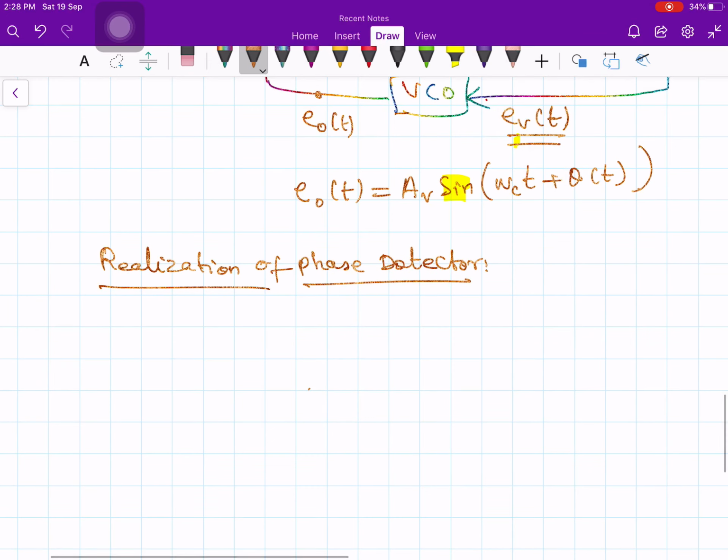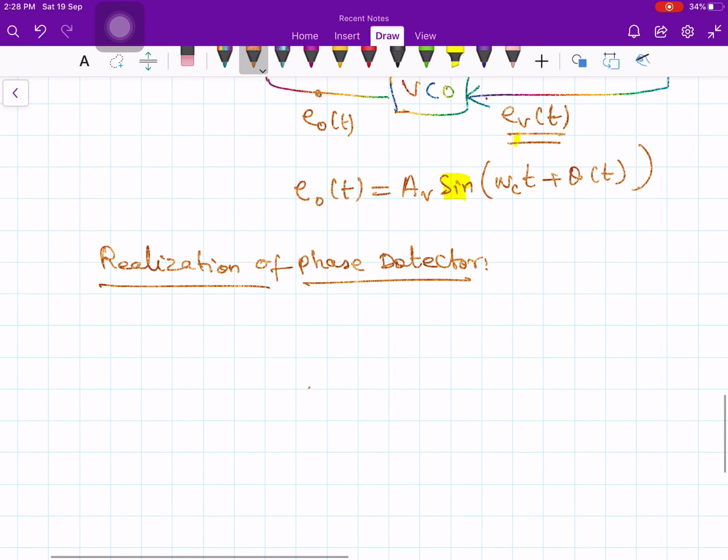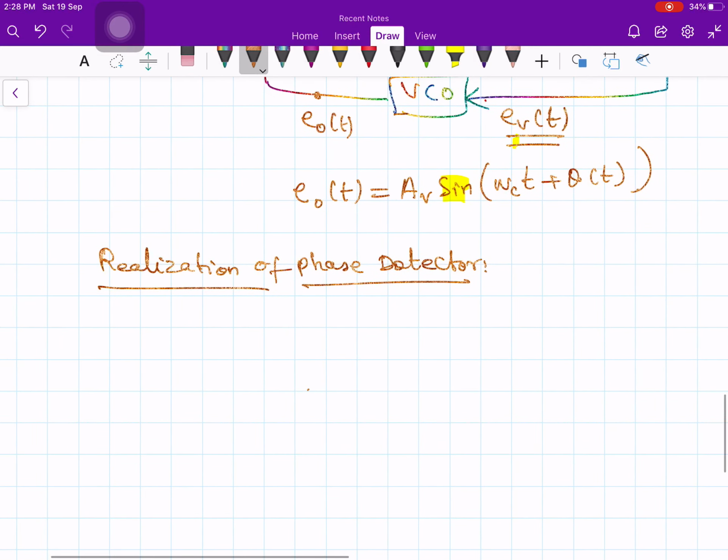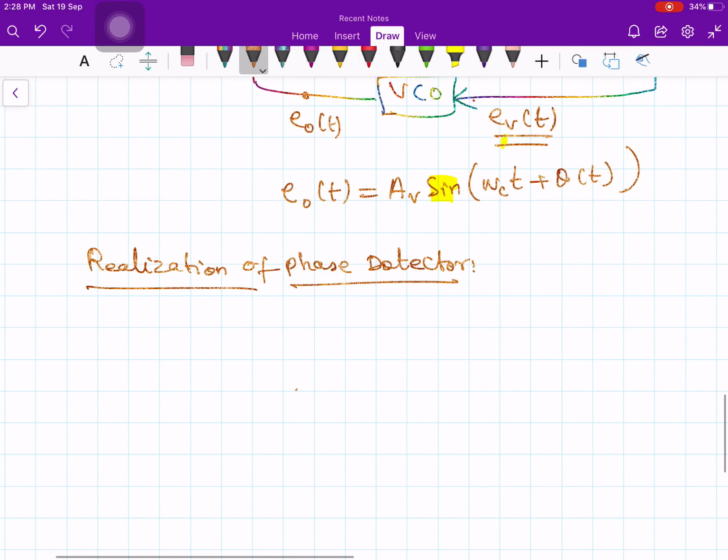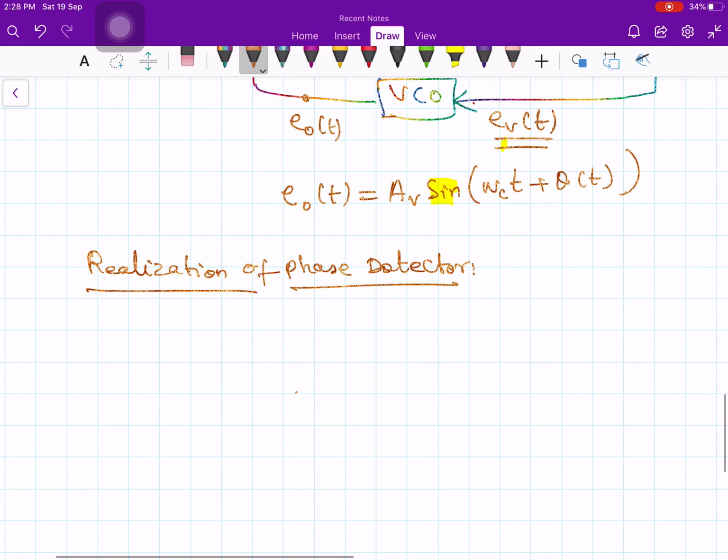Let's discuss this issue first a little bit, and then we will look at the operation in more detail. A very simple realization of the phase detector is as follows. In fact, there are many ways of realizing the phase detector, but we will take the simplest one.